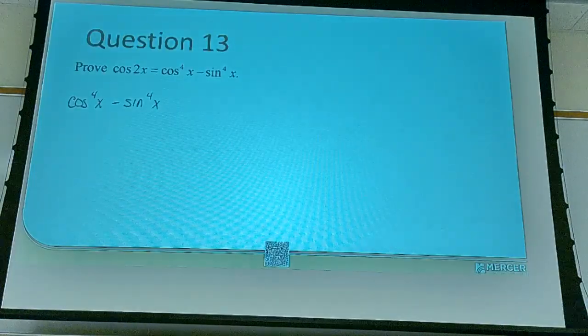Start with the right hand side. Cosine to the 4th of x minus sine to the 4th. You can simplify it by taking the square out.